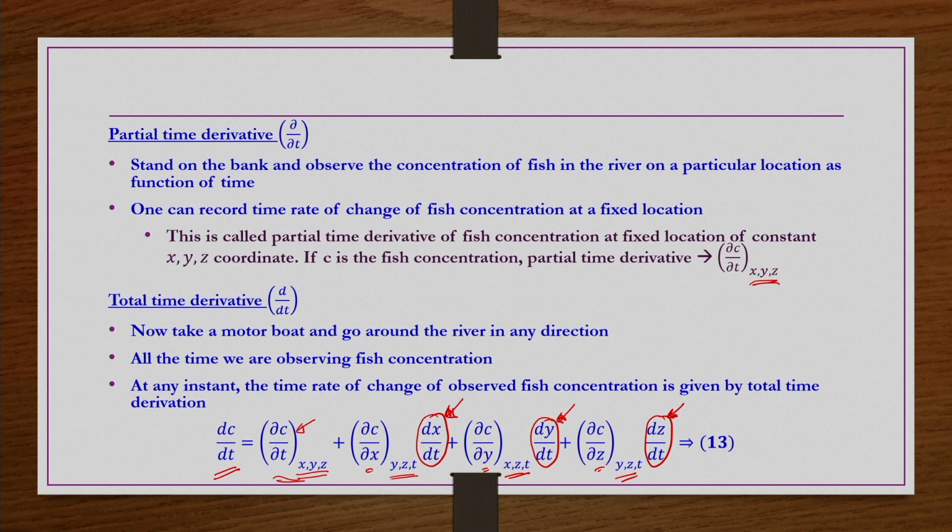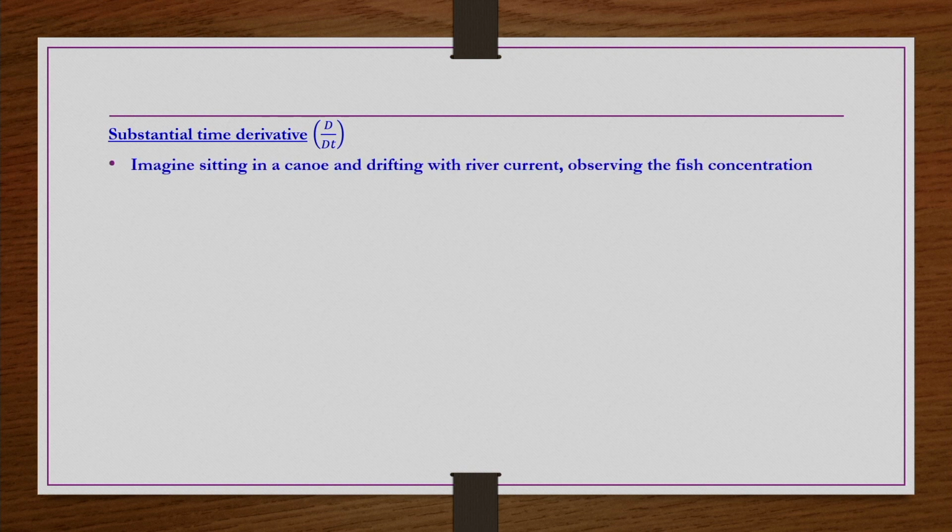So, that is the reason you make a further improvement by defining the substantial time derivative, where you imagine sitting in a canoe and drifting with the river current, and then observing the fish concentration. The velocity of the observer is now the same as the velocity of the stream, with Vx, Vy, Vz components, because you are sitting in a canoe and drifting with the river currents.